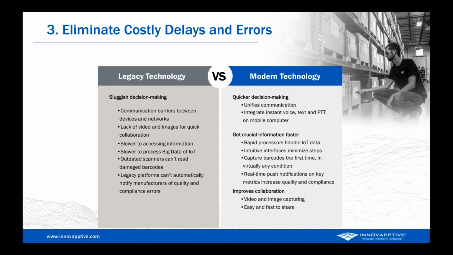Instead of the worker having to go back into the office to get information or talk to his supervisor or manager, managers and supervisors can push information down to the end users. Communication can be a big issue in a large site, and this speeds up the whole communication process.